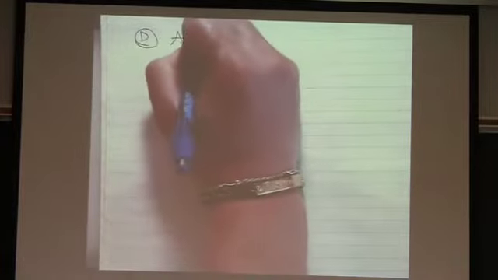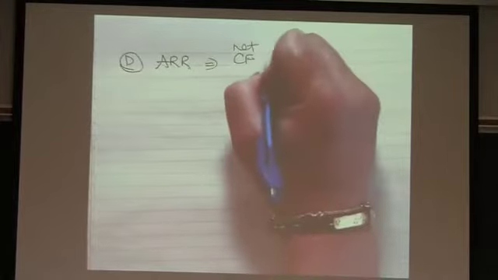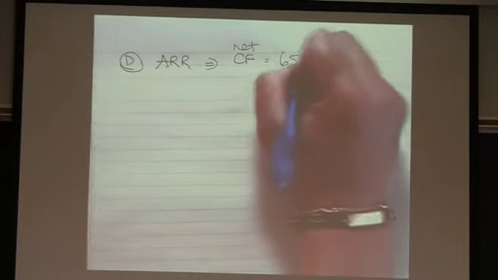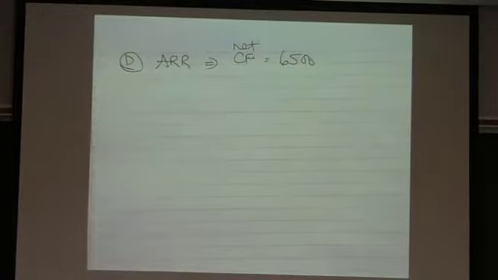Now, number D is the accounting rate of return. So how do we determine the accounting rate of return? Okay, so we know that the net cash flow is 6,500. We calculated that in part A. Now, what's the amortization?